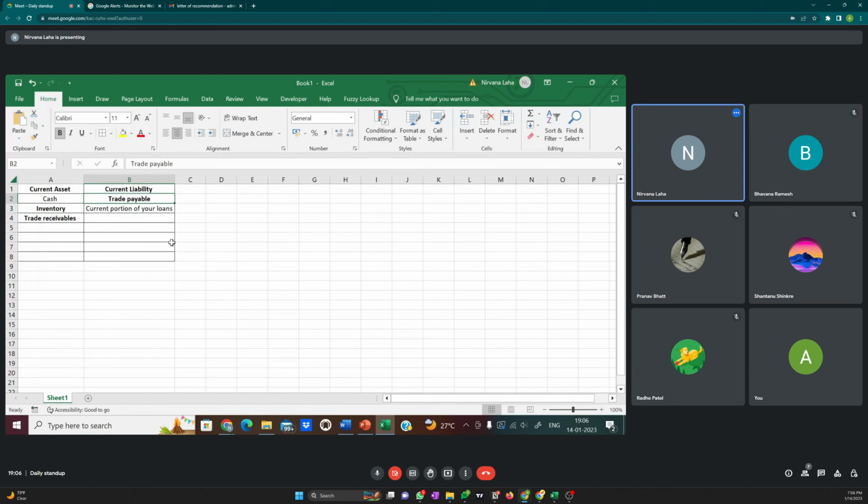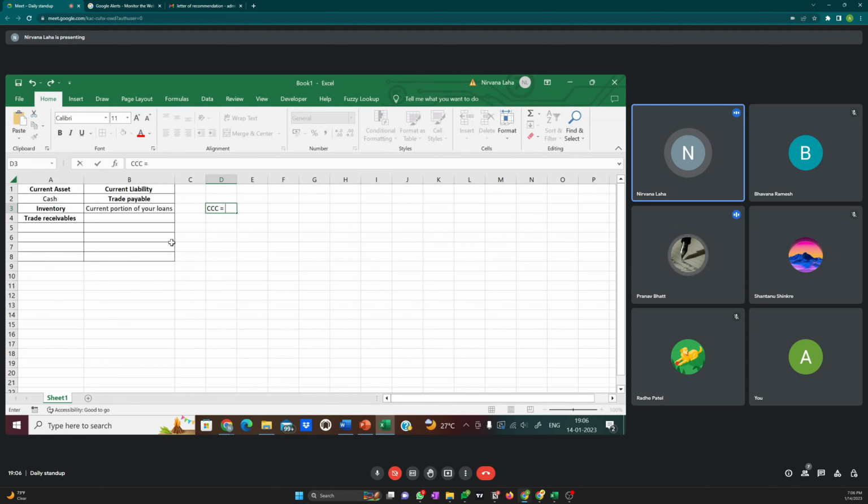There is something called cash conversion cycle. Can anybody tell me what this is? Have you come across this term? It can mean that in how many days the company is converting the revenue into cash.